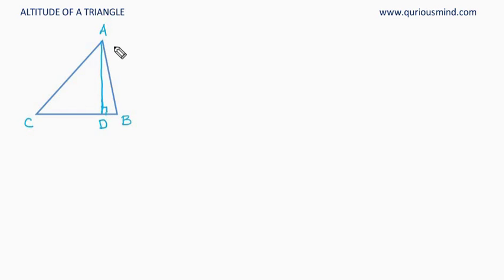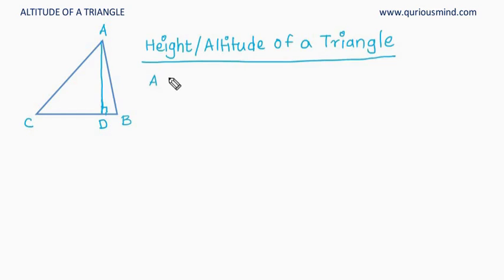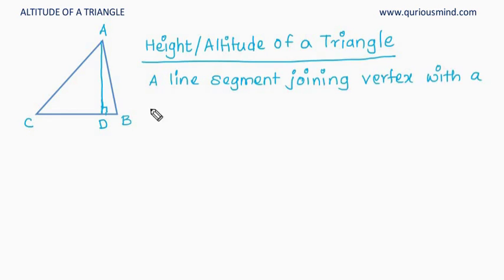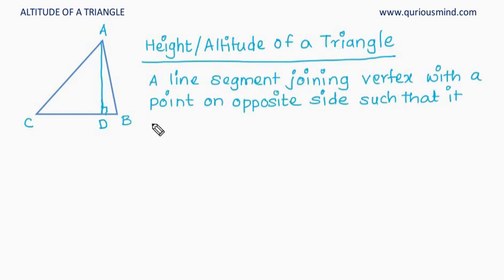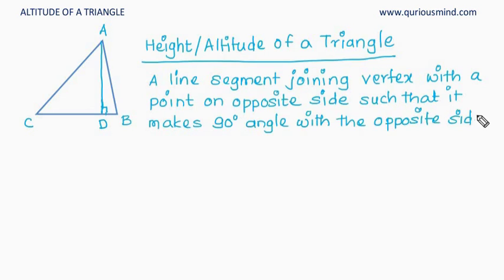So how do we define height or altitude of a triangle? It is a line segment which joins the vertex and one point on the opposite side such that it makes a 90 degree angle with the opposite side.